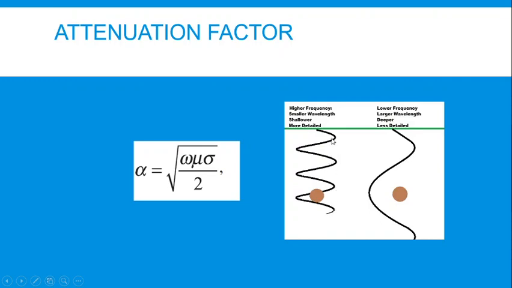As the frequency is high, the wavelength becomes very small.